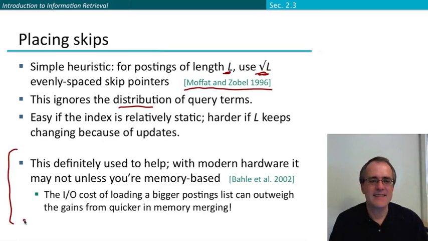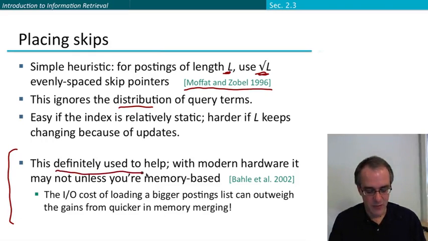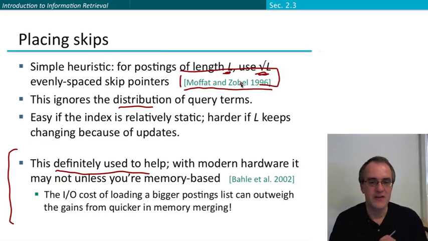are skip pointers and skip lists useful at all for speeding up an indexing system? At one point, it definitely used to help a lot using skip lists, and you can find that in this original Moffat and Zobel paper. But it turns out that what helps or not is very dependent on very particular hardware assumptions.